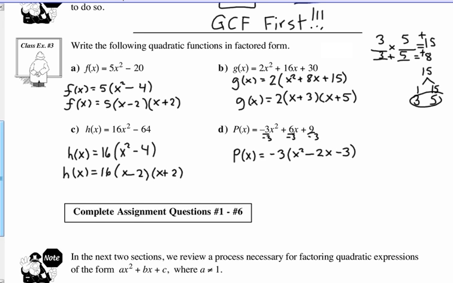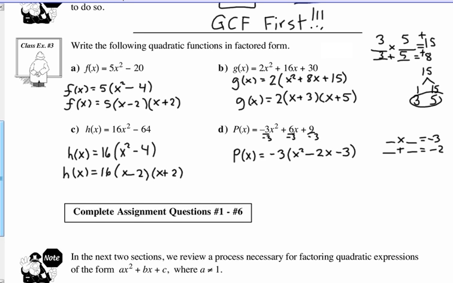So we have an x squared there. We want to break it down more. 2 numbers that multiply to negative 3 and add to negative 2. Whenever we multiply to a negative, what are our signs going to be? 1 positive, 1 negative.